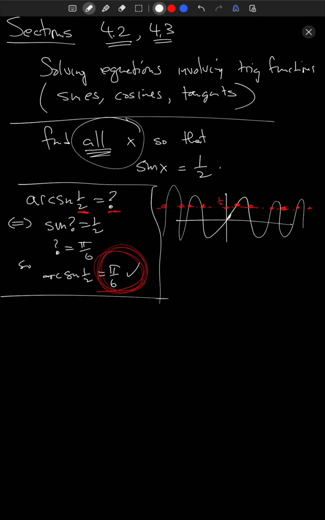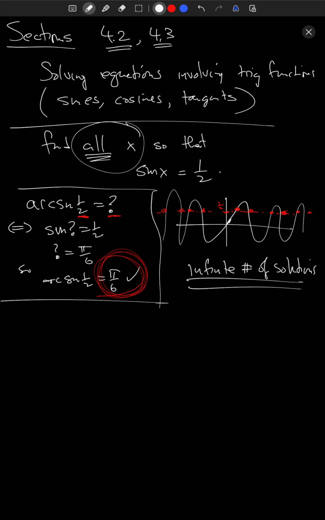So we can immediately see that this kind of problem in 4.2 will have an infinite number of solutions, if it has solutions. But this one does. So the question is, what are all those solutions, and how do we write them down?